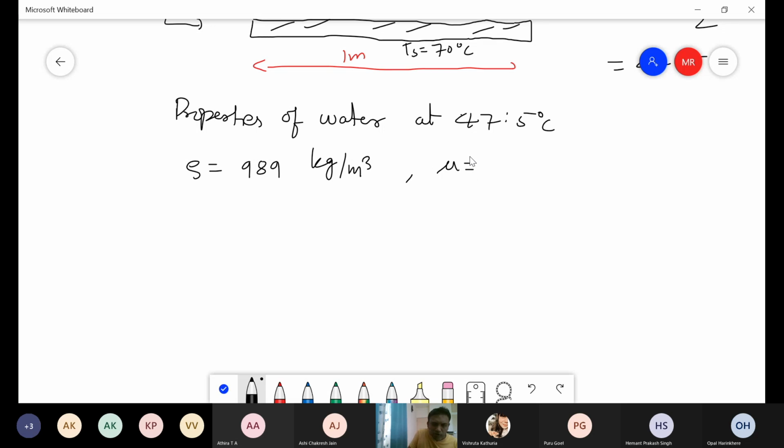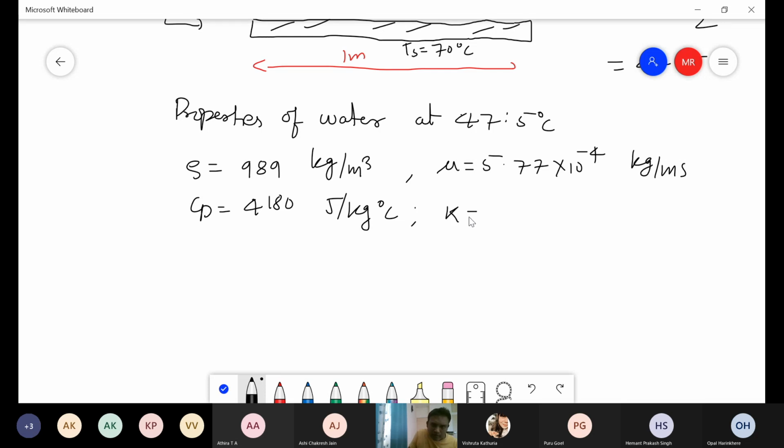Mu you will have 5.77 into 10 raised to the power minus 4 kg per ms. Specific heat is given as 4180 joule per kg per degree Celsius. Thermal conductivity is 0.64 watt per meter degree Celsius, and Prandtl number you are expected to get is 3.77.